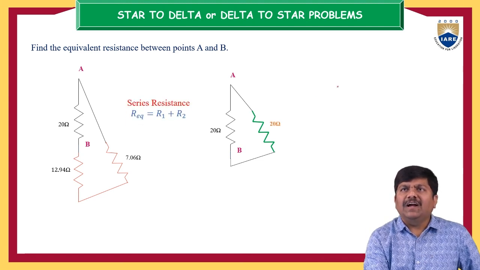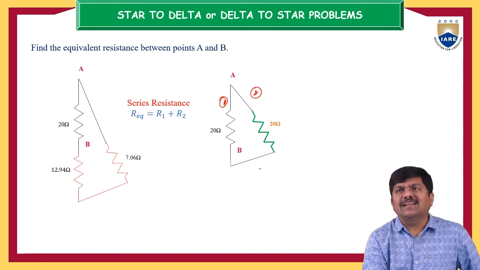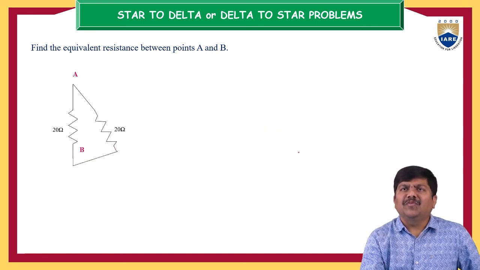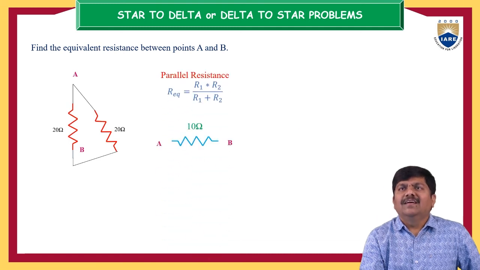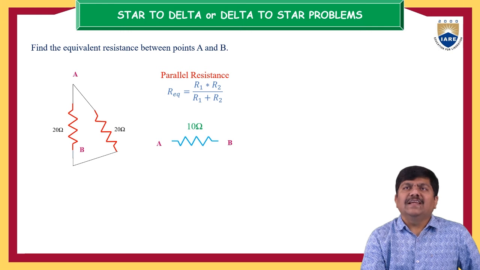So finally, whatever the equivalent resistance between A and B. A and B are again formed because of two elements. This is the first element, second element. Of course, this first branch is having 20 ohm resistance, second branch is also 20 ohm resistance. So the equivalent of these 20 and 20 is nothing but 10 ohm. The formula we have used here is R1 R2 by R1 plus R2.